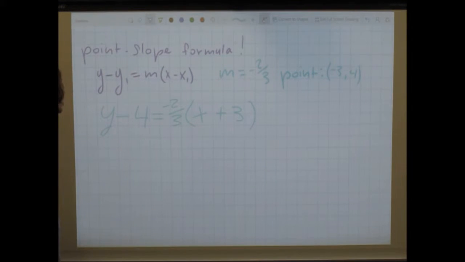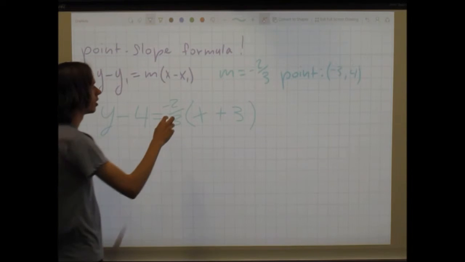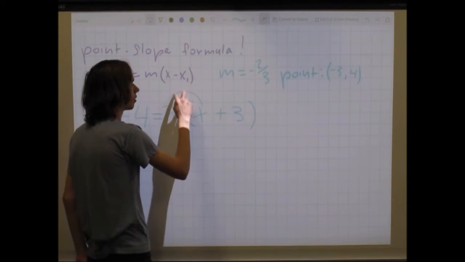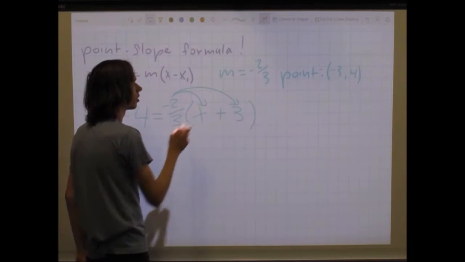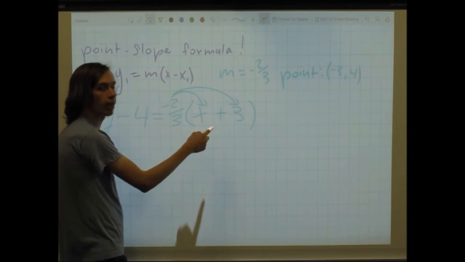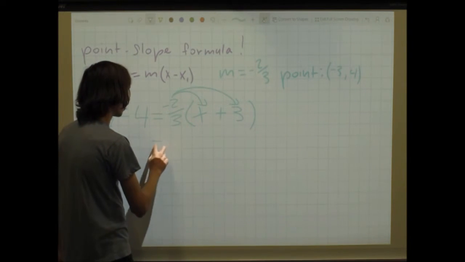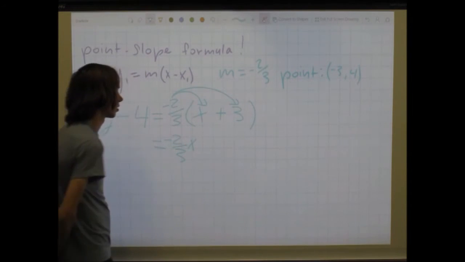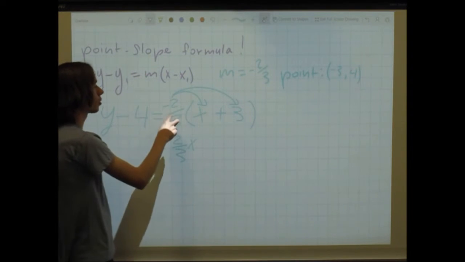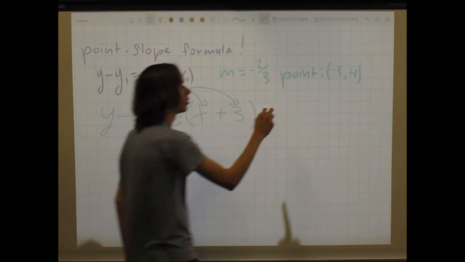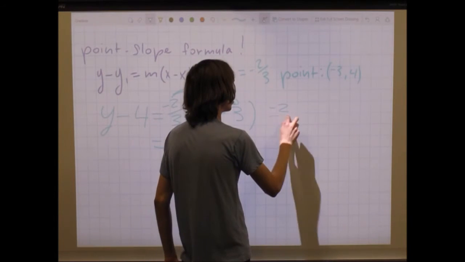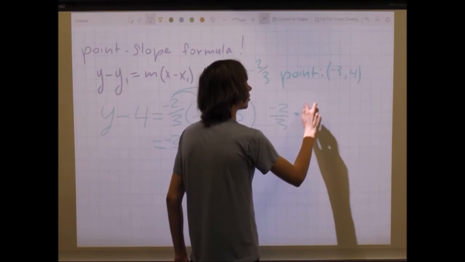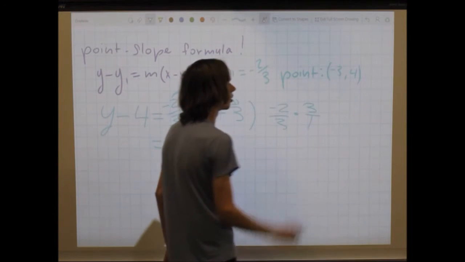Okay, so let's go ahead and simplify this. Let's distribute the negative 2/3. Negative 2/3 times x is just negative 2/3 x. Then negative 2/3 times positive 3, I'll do that over here. You could say 3 over 1 if you want.